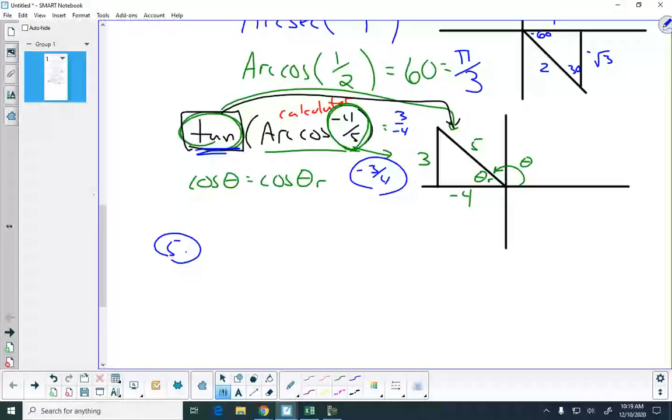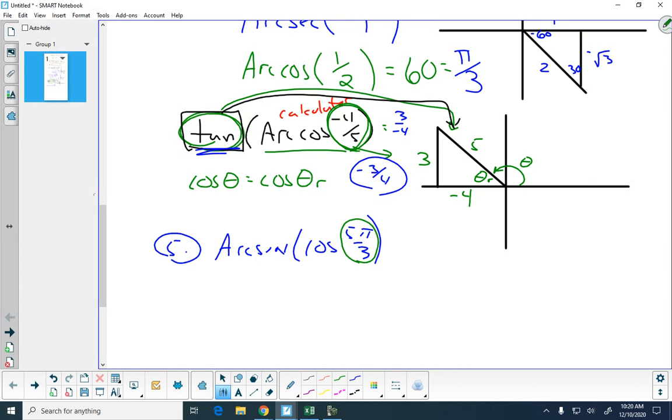Number 5, we have the arc sine of the cosine of 5 pi over 3. Okay, if you've not done it, please do it.